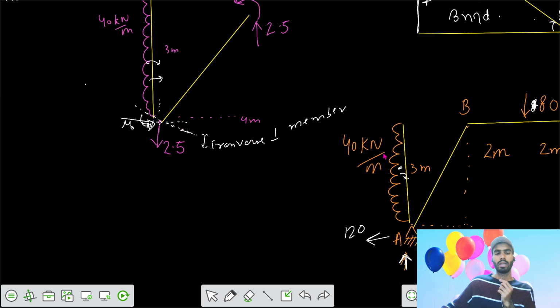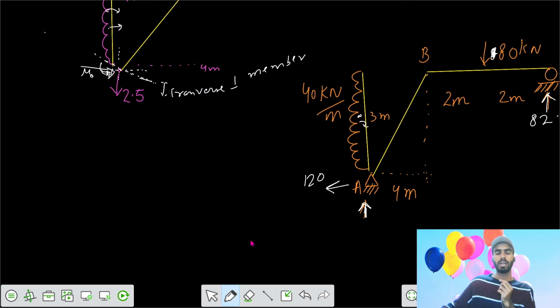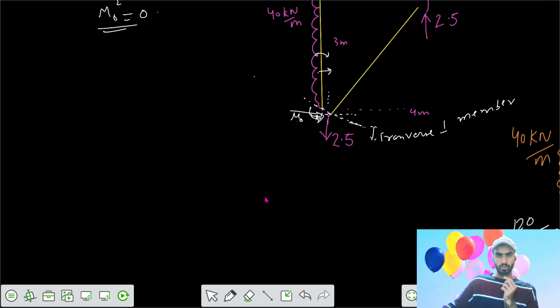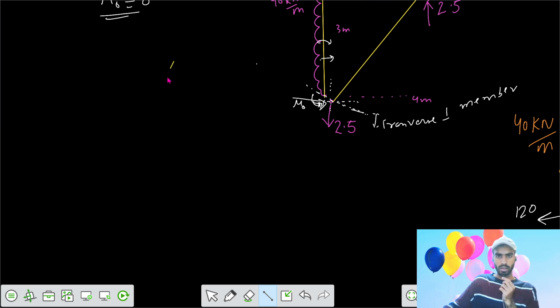Now we have theta, this is your theta, so we can write this is your 3 meter and this is your 4 meter. Let's say this is one member and that load is acting 2.5 downwards. Here is your theta.